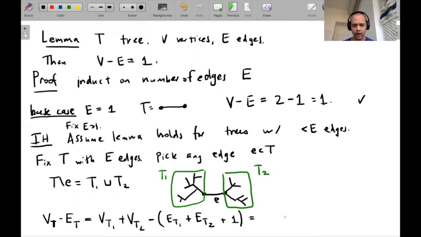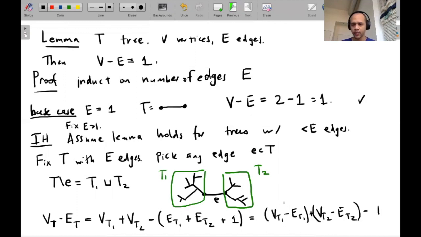And so we can rewrite this as VT1 minus ET1 plus VT2 minus ET2 minus 1.